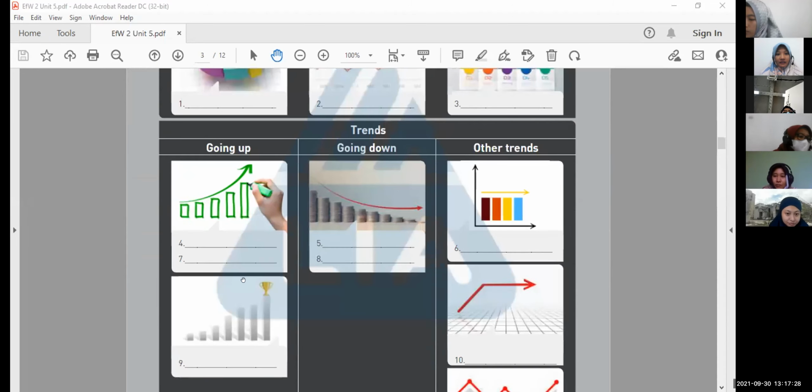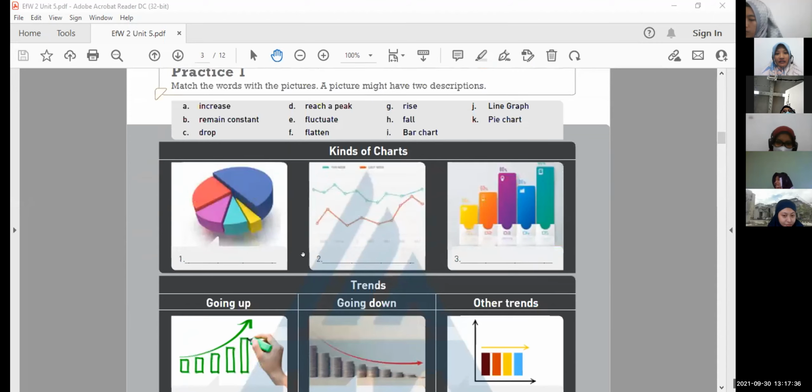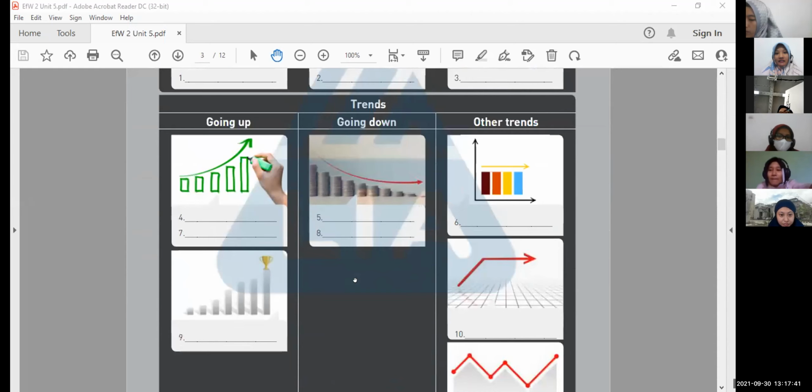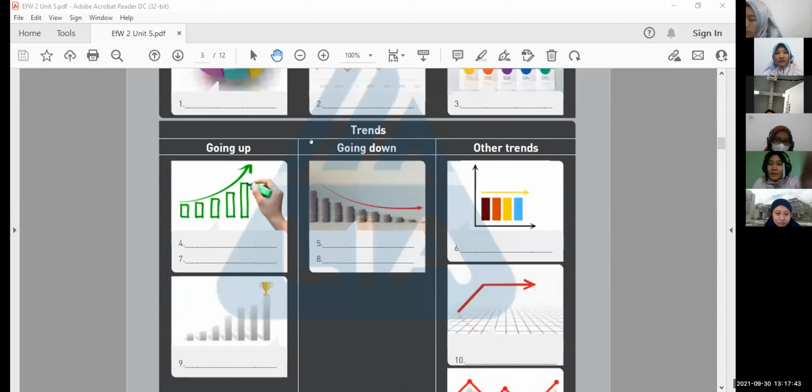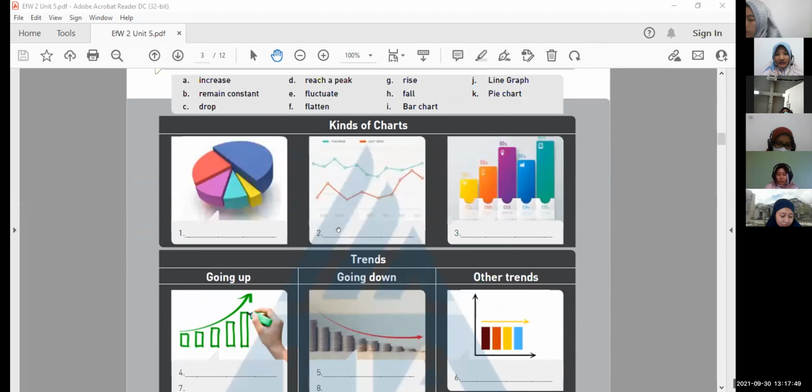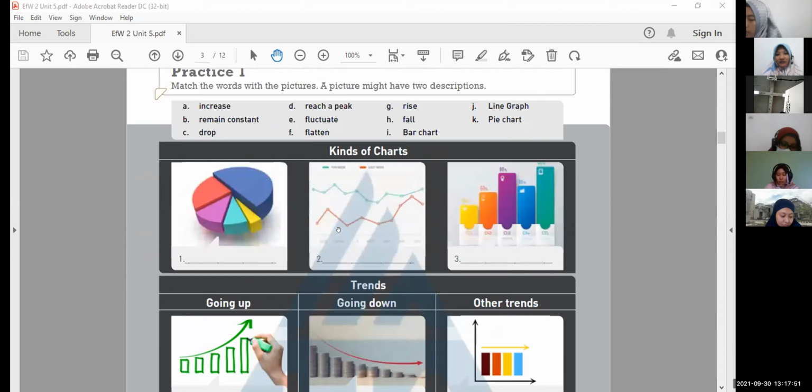Each picture you can describe with two words. You can start with what kind of chart it is, and then the next one is the trend: going up, going down, or the other trends. I will give you 4 minutes to finish it.